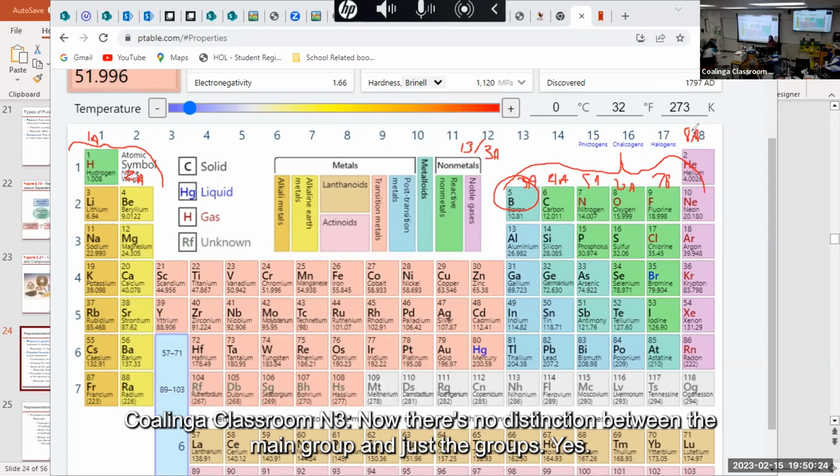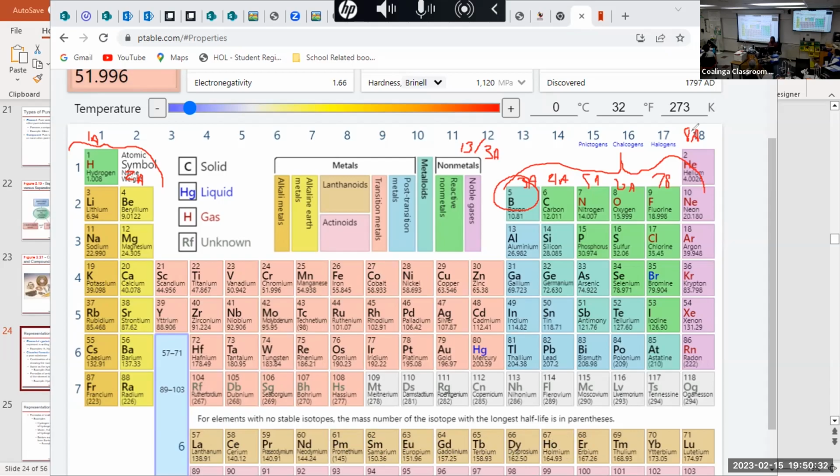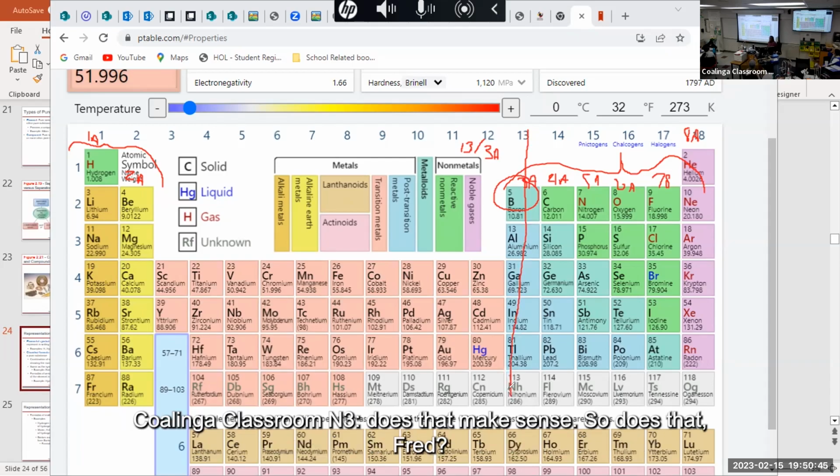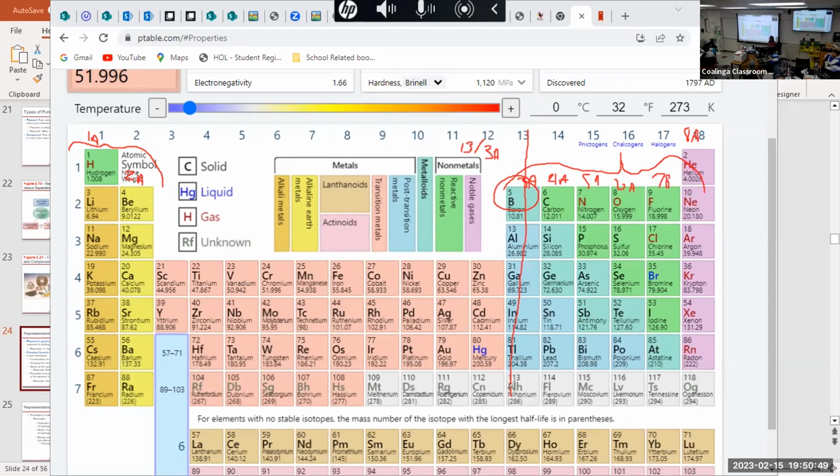Now, there's no distinction between the main group and just the groups. Yes. Okay, so if the upper 3 periods are A's, the 4 and below are the B's? No. A's just make reference to the columns. So this whole column would be 3A. Does that make sense? So does that red middle section, is that B?